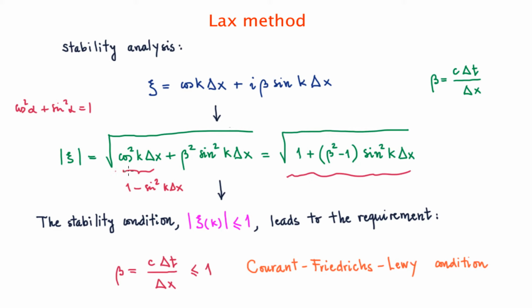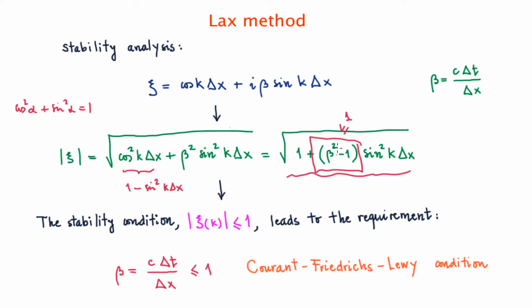So in order for that to be lower than or equal to 1, you can see that this one has to be lower than 1. And as we know that the maximum value that the square of the sine can get is actually 1, then we have that this one has to be lower than or equal to 1.